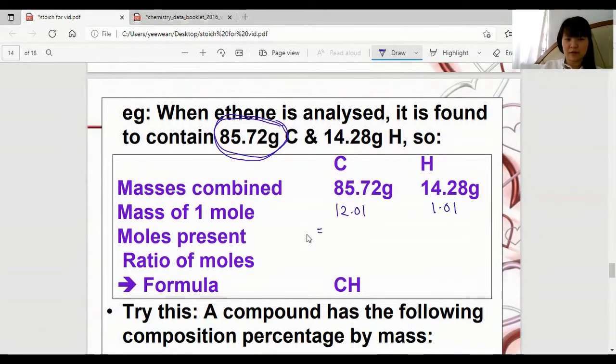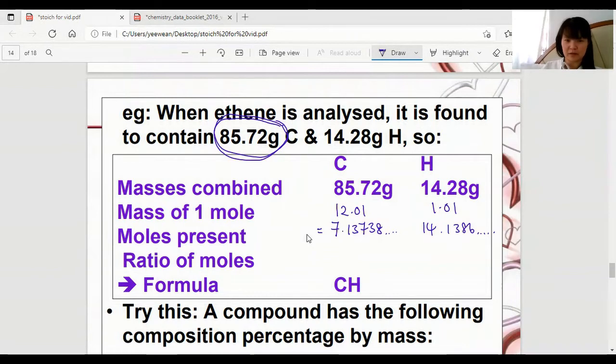Therefore, the moles that are present is 7.137 something and 14.1386. Okay, I'm going to divide by the smaller figure, which is 7.137.